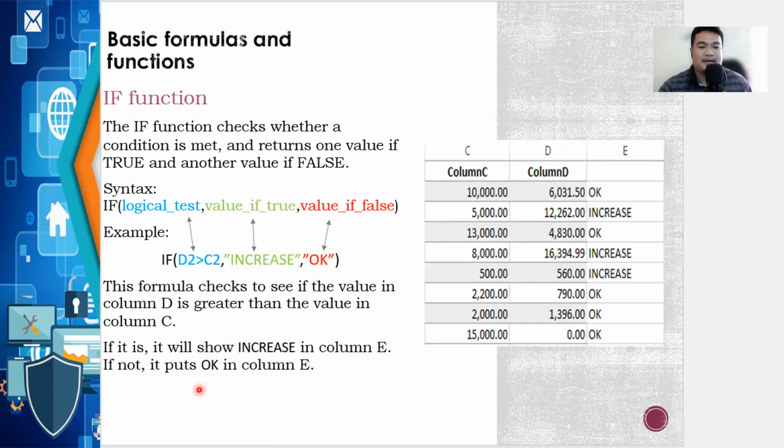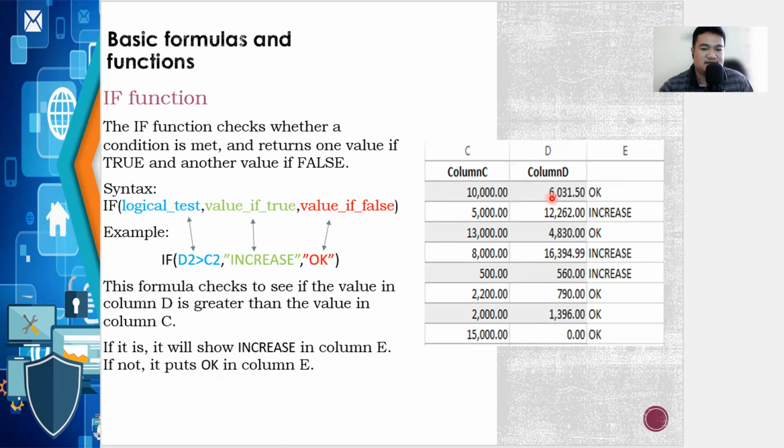Okay, so example we have here, column C, column D, and then the column E. So probably we write the formula in here. So by analyzing, we could say that, let's see, D2, C2.